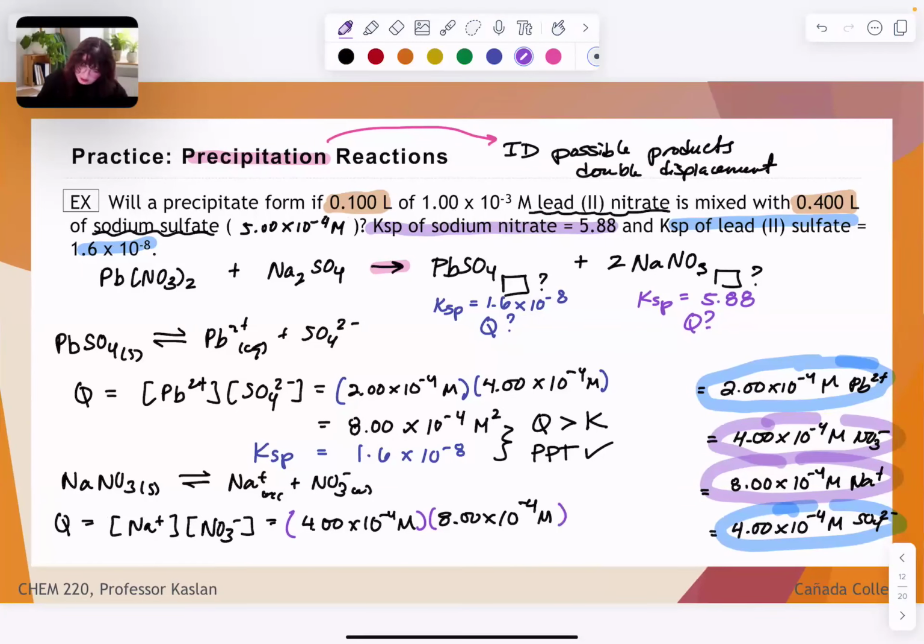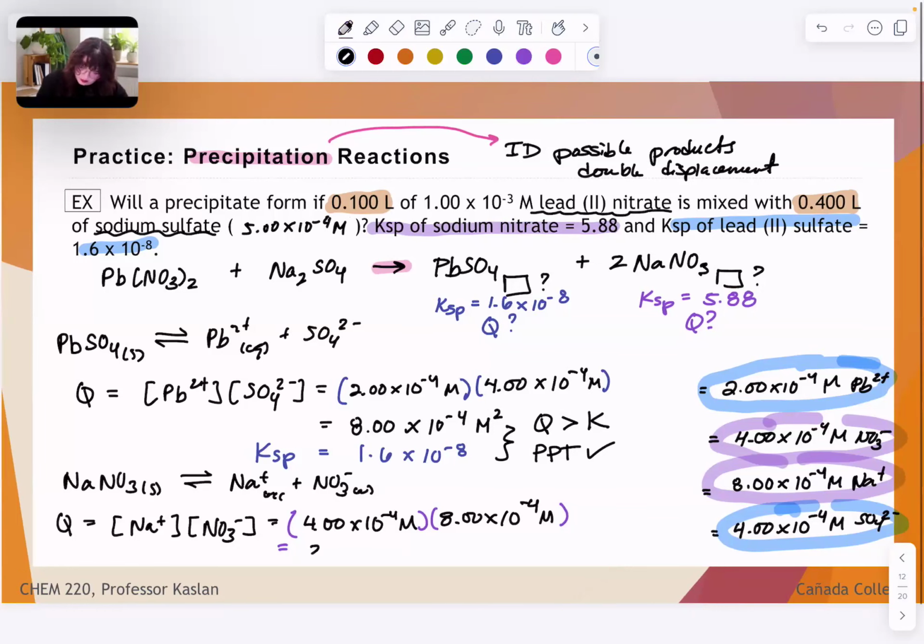All right, let's just real quick do what that is. 4 times 10 to the negative 4 times 8 times 10 to the negative 4. That gives me 3.2 times 10 to the negative 7. That's what Q is. And notice KSP is like over 5.